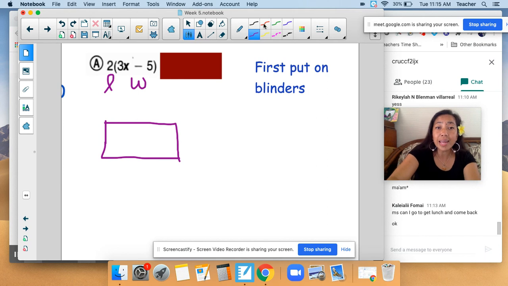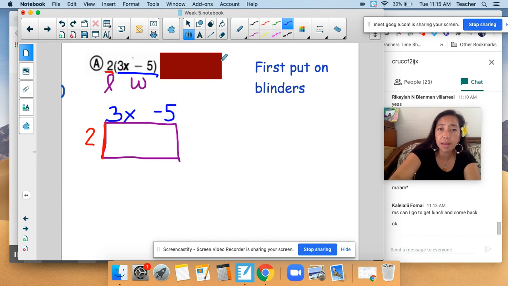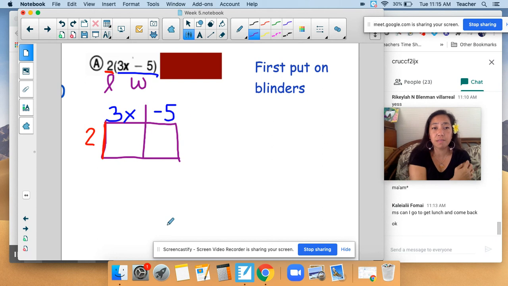Okay, so the length is 2. So that's this side of the rectangle is 2. And then the width is this whole thing, which is 3x minus 5. Notice how I kind of separated them? That's because I'm going to treat them as separate boxes.